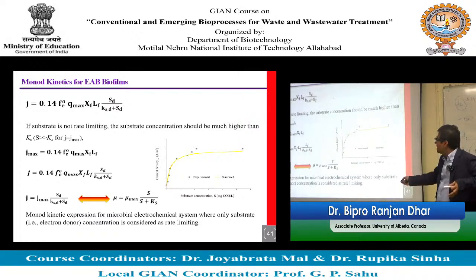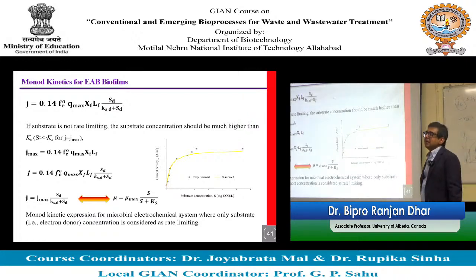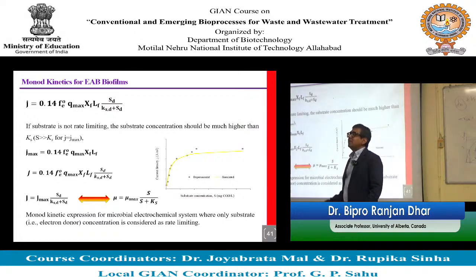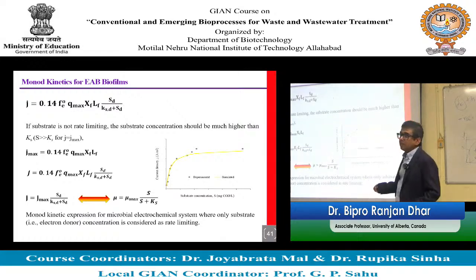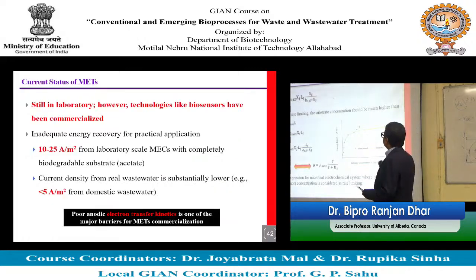So the Monod equation in most cases can, I would say, represent your system. I have an example on this model, where we are going to learn how to estimate Coulombic efficiency and how we can estimate current density using this equation.